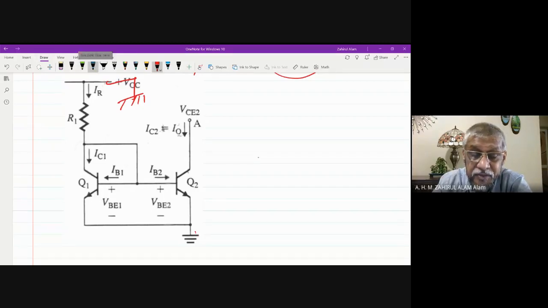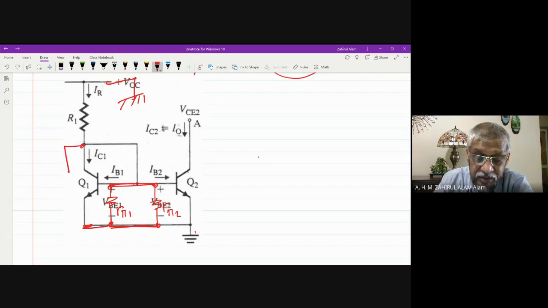We convert base to emitter: there is R pi 1, and base to emitter R pi 2. They are connected. Also from collector to emitter, there is a current source in parallel with the output resistance.